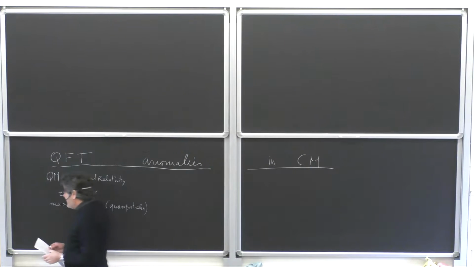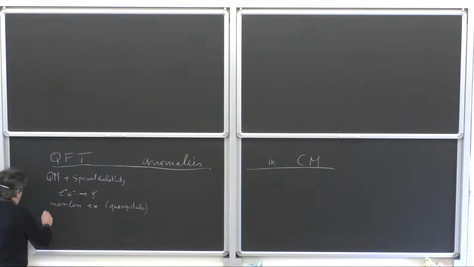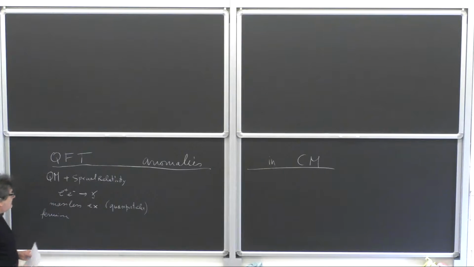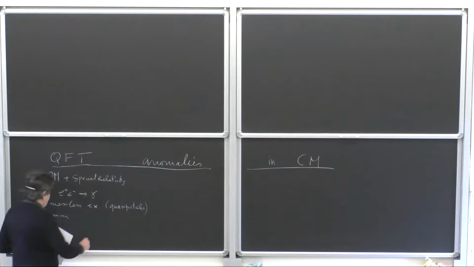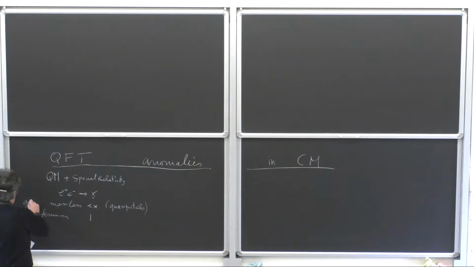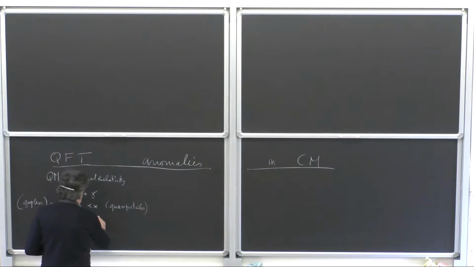We are interested in massless fermionic excitations because these anomalies have to do with fermions. In particular, what we are going to use is topological phases of matter, with massless, or gapless, fermions.